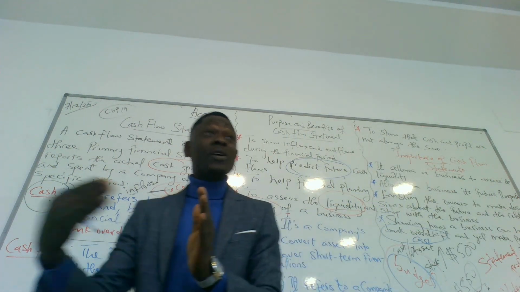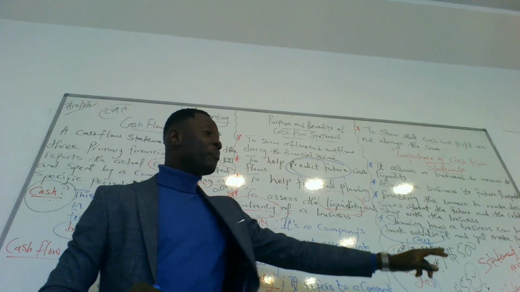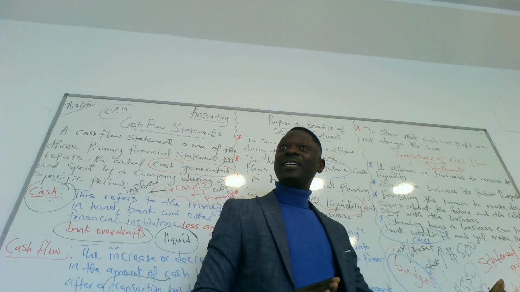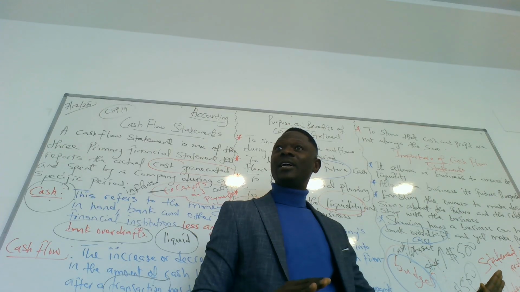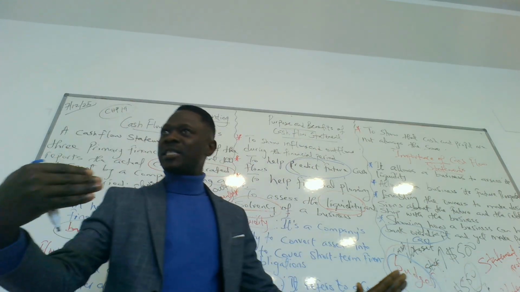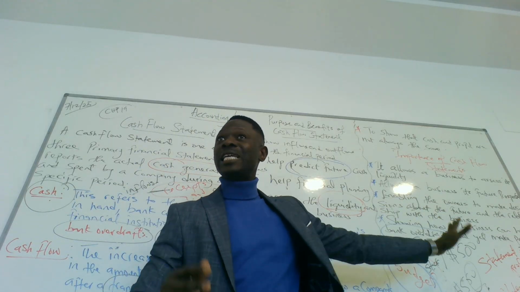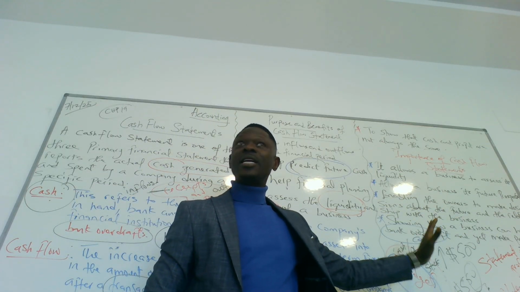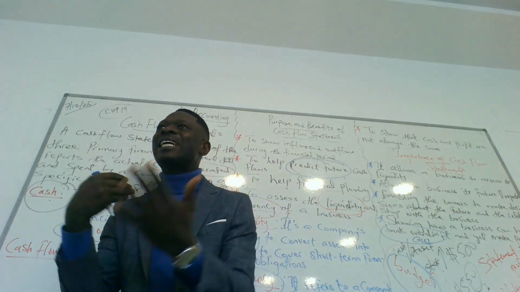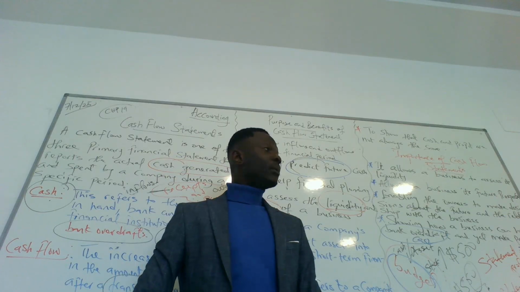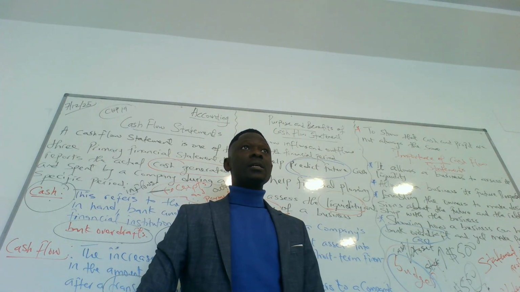You can still take a bank overdraft and still make profit because your bank overdraft will be recorded in your statement of financial position. Yes or no? And the interest will be recorded in your statement of profit or loss account as an expense. It does not reflect on the cash you have at hand or the one in the bank. Any question about this? Thank you.